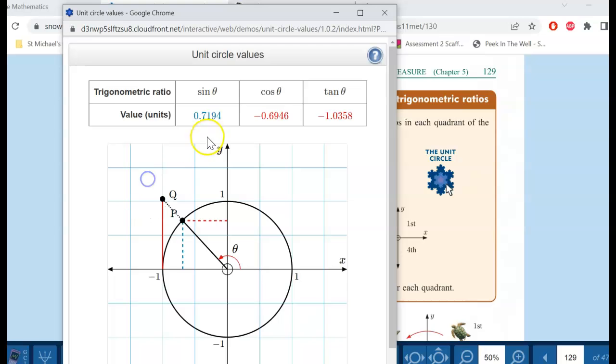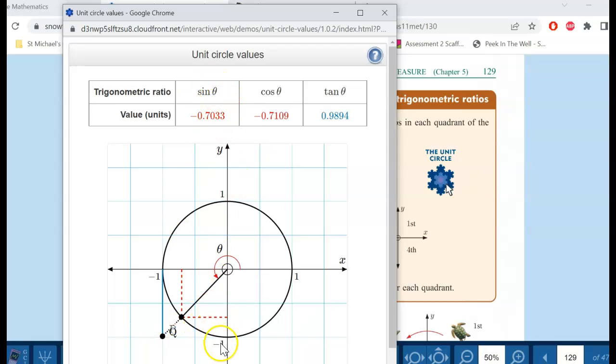In quadrant 2, we've got positive sine values or y values, but negative x values, which meant we had negative tan values. In quadrant 3, we have negative sine values, which are the y values, and negative x values. Because we're doing the division of two negative values, the tangent becomes positive. And then finally, in the fourth quadrant, where we have negative sine values but positive cos values, the tan is going to be negative.